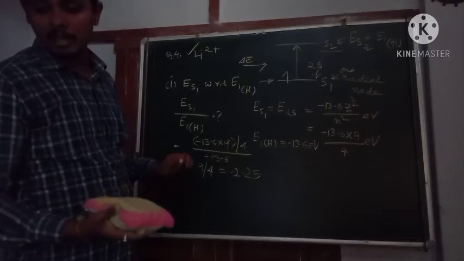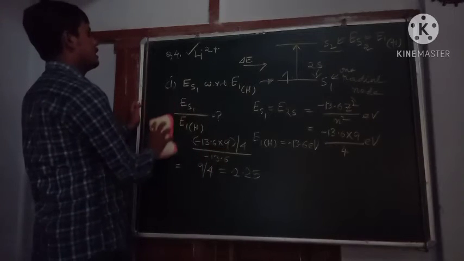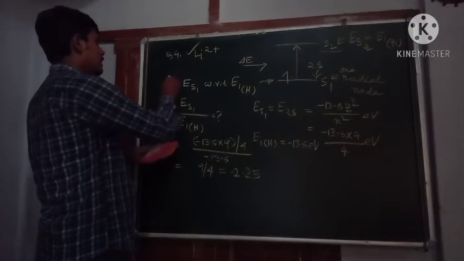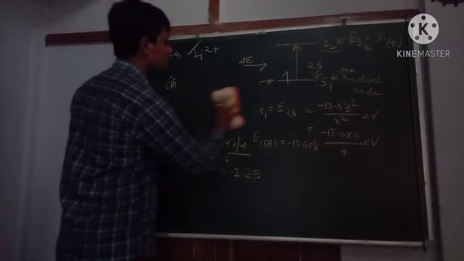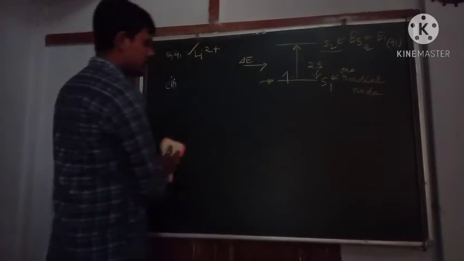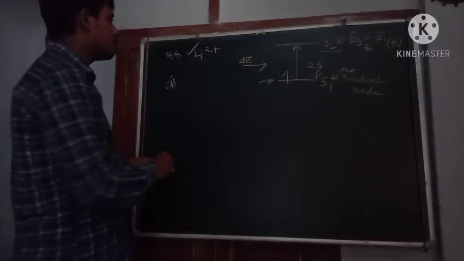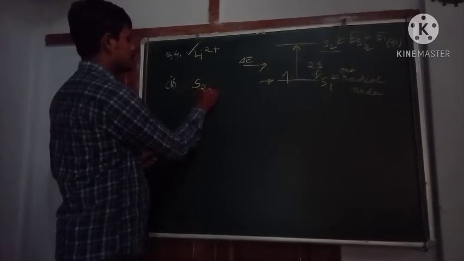Now the third part. The third part that is asked to you is, what is the azimuthal quantum number for the state S2?